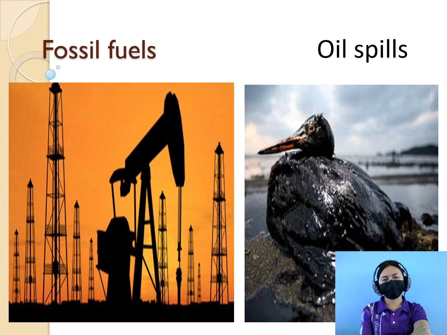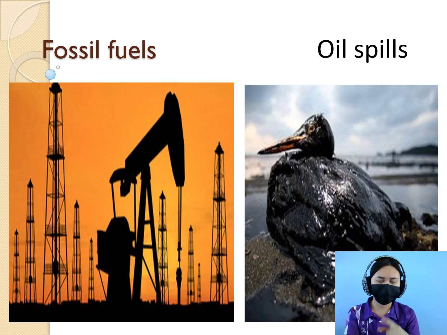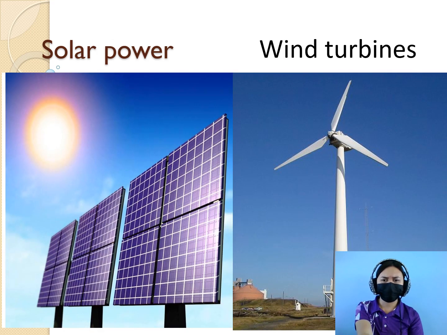Fossil fuels. Oil spill. This one, oil spill, is not good. As you see in the picture, the bird looks so pretty. Oil spill is not good for the animals. Solar power.